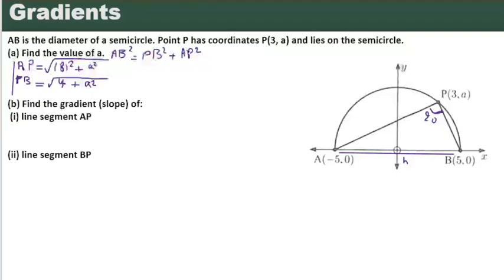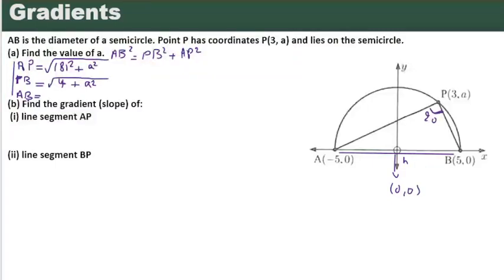Now I will go for the length of AB. AB is the diameter of this semicircle, and the origin is (0, 0).